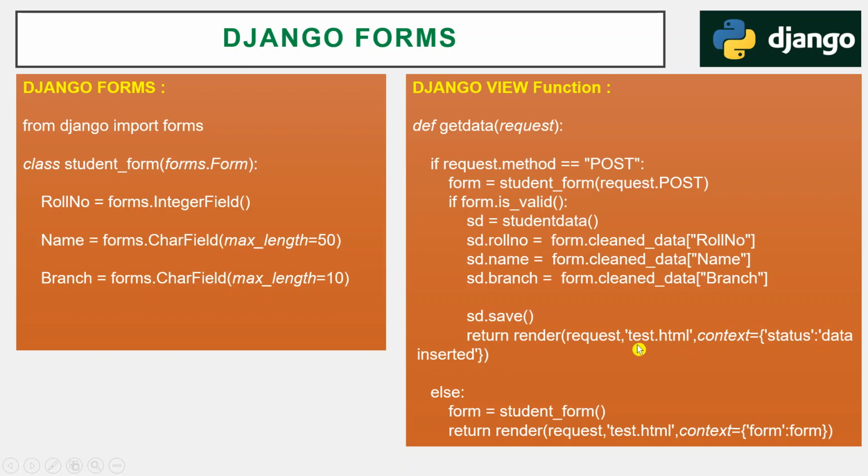So the request, test.html, and context data are inserted. This much of things has happened. It's very simple, friends, but for the first time it may be somewhat confusing. Don't worry, as time passes and you practice, everything will be easy.